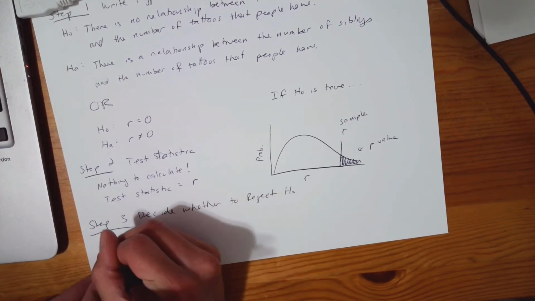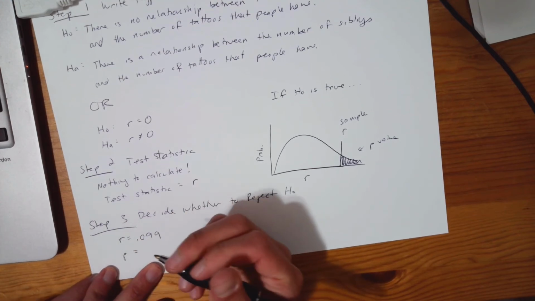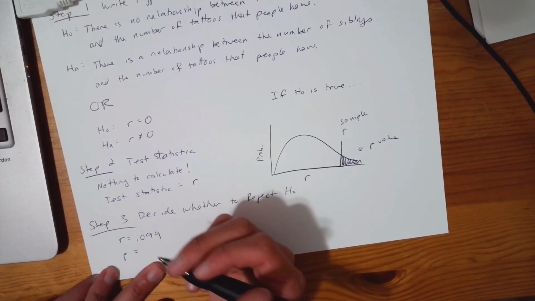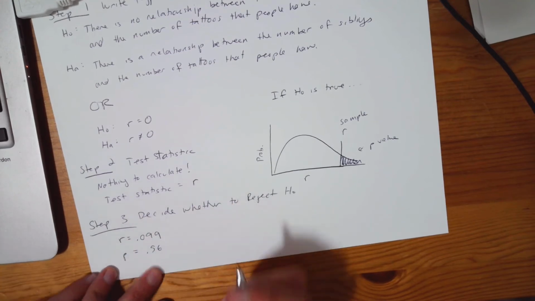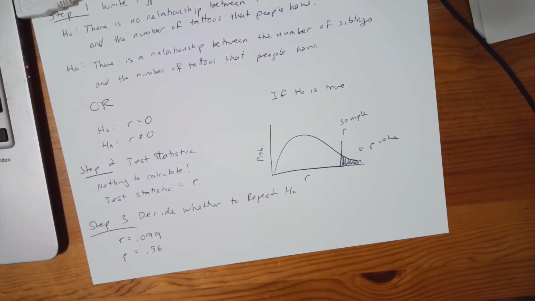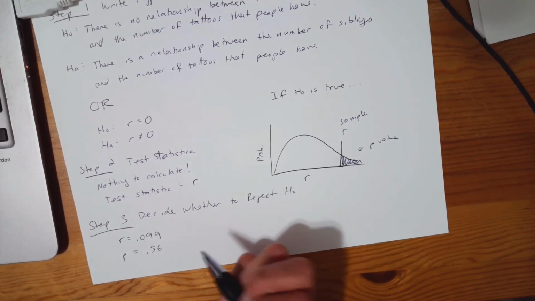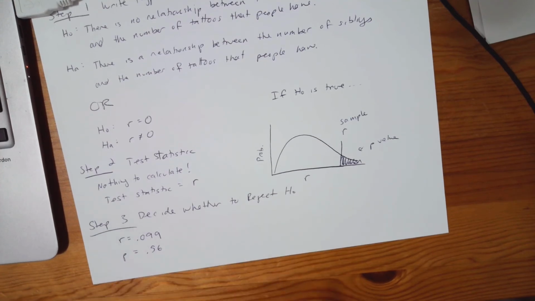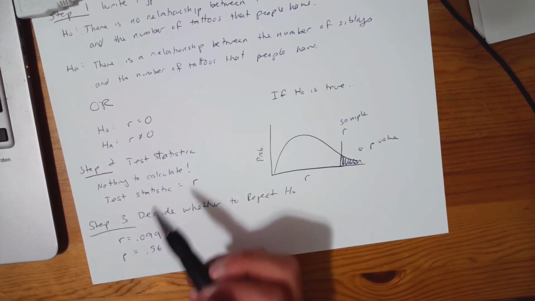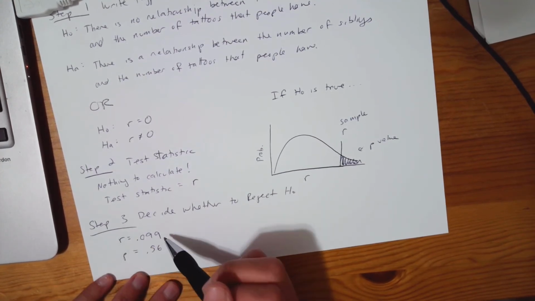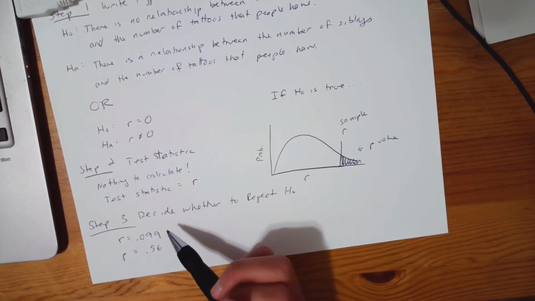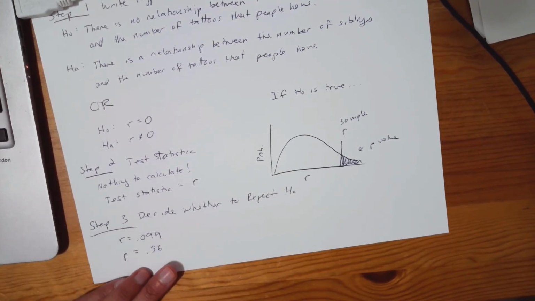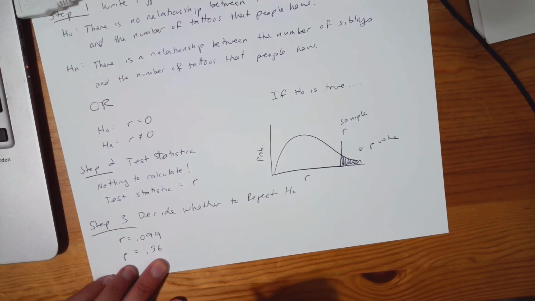And the p-value that we're going to get for this is equal to 0.56. So I have this on a computer program, again, and it's coming up with a p-value based on the R value that we have and the sample size. So here we have a p-value of 0.56.